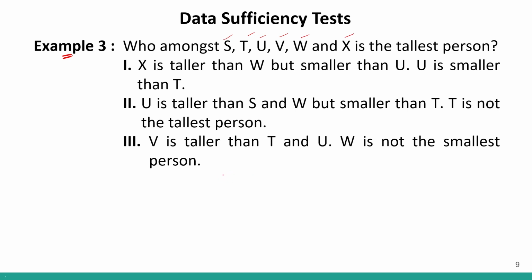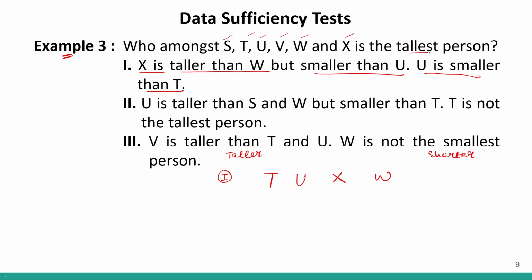Statement 1 says X is taller than W but smaller than U, and U is smaller than T. I am taking the taller side to be this side and the shorter side to be this side. This is given in statement 1.